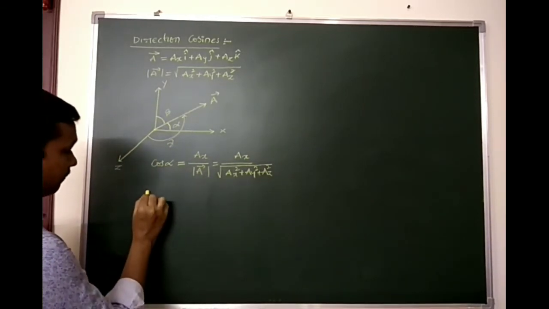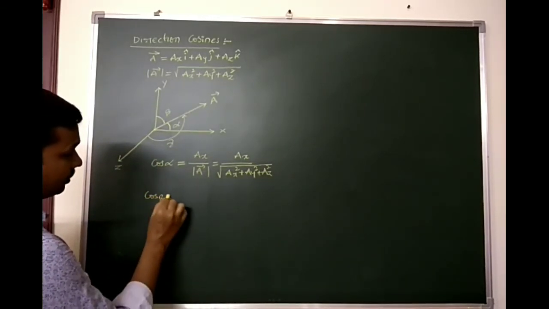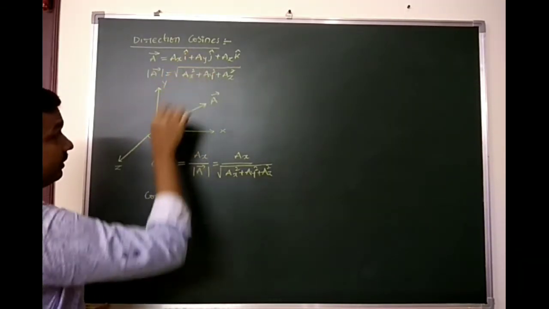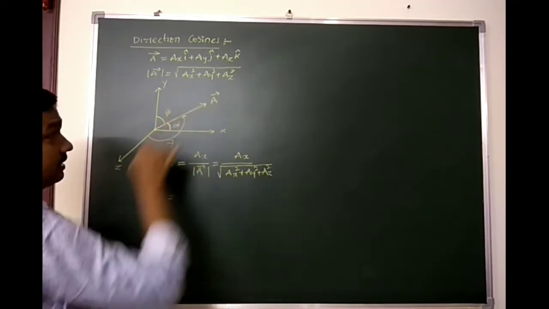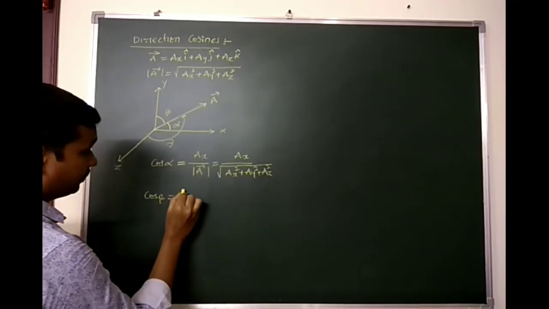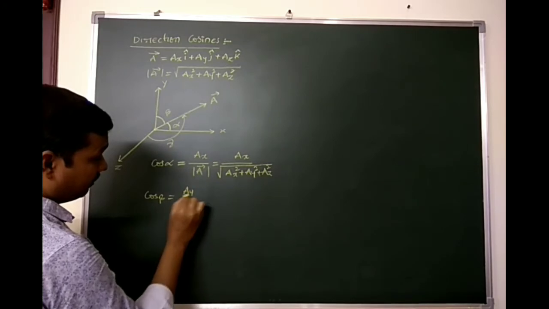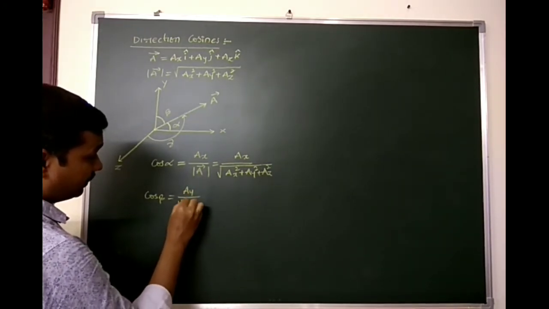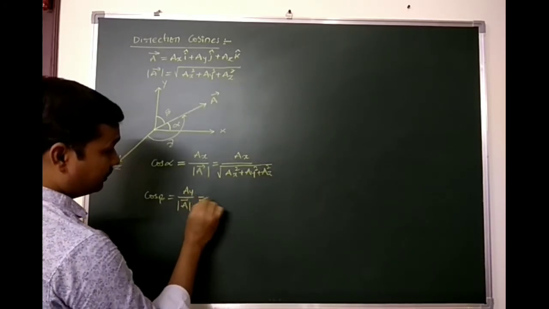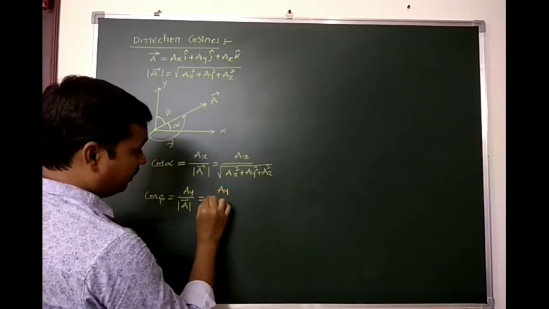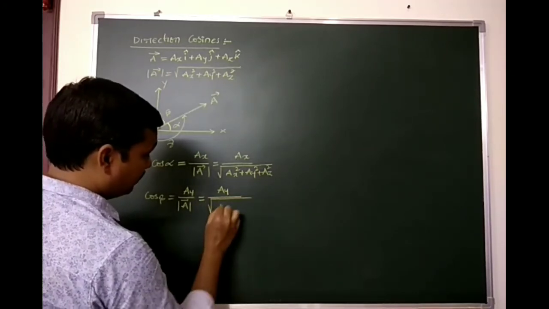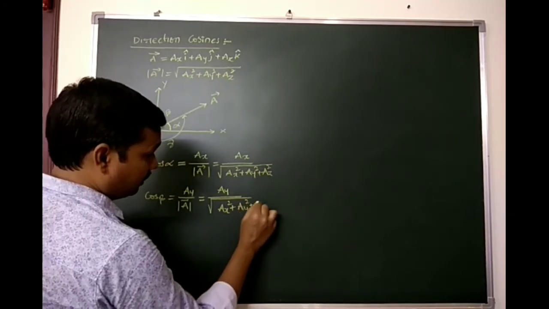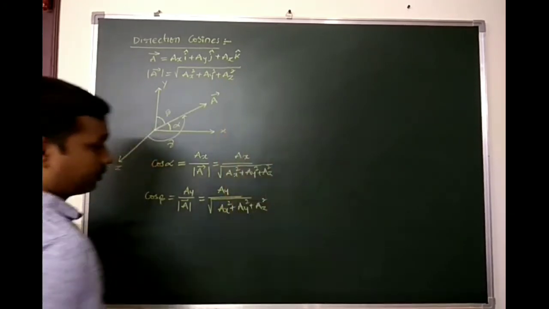Similarly, cos beta: the adjacent side is Ay and the magnitude is A. This gives you cos beta. So Ay by the magnitude of A, which is equal to Ay by root over Ax square plus Ay square plus Az square.